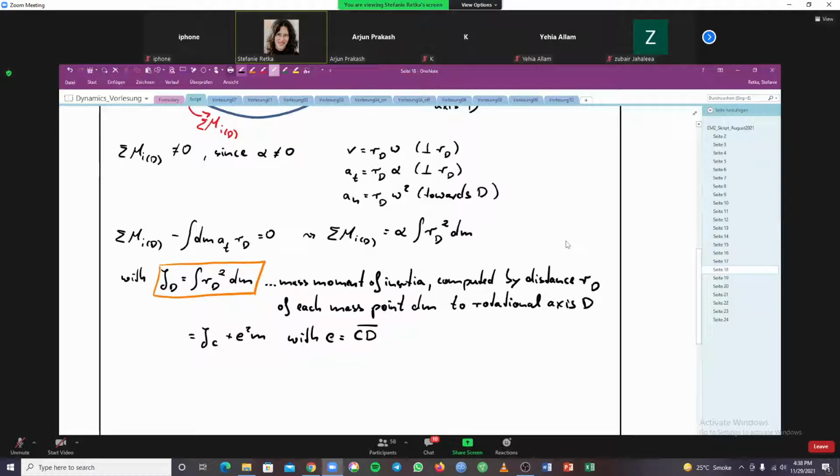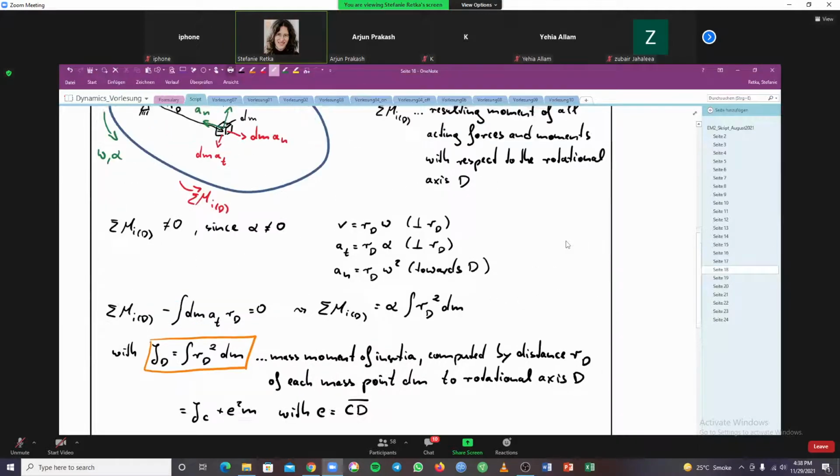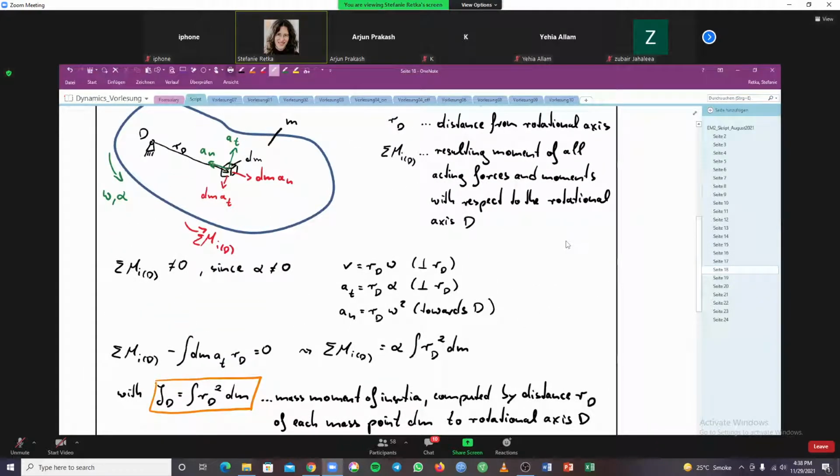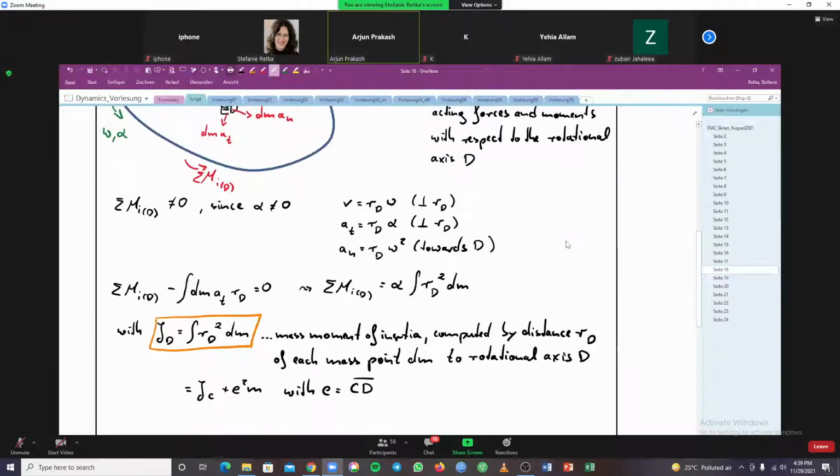So for example, in this simple case here, the center of gravity might be here. I don't know, probably not, but could be here. And then E is the distance from C to D, the absolute distance, and the absolute mass multiplied by the entire mass of the system. Okay, thank you. You're welcome.